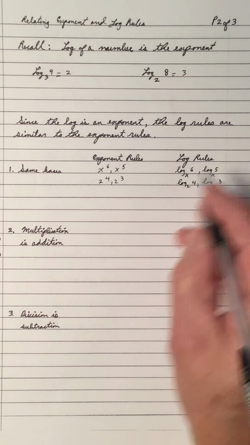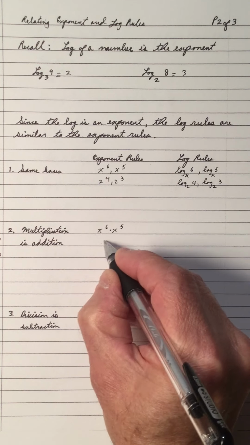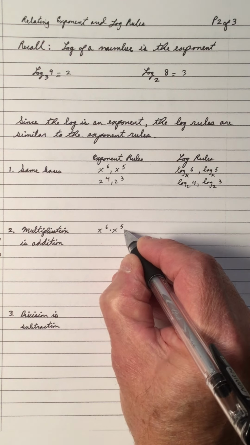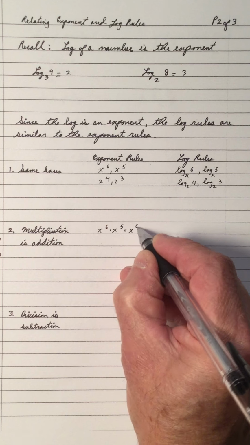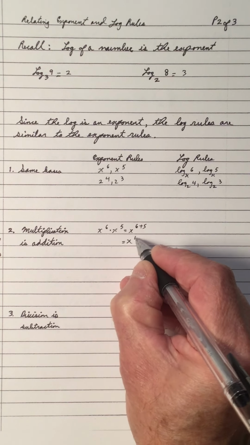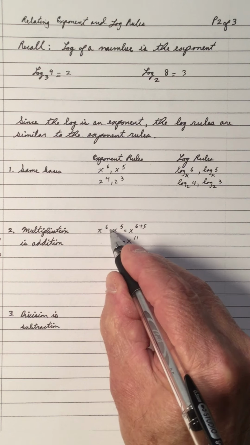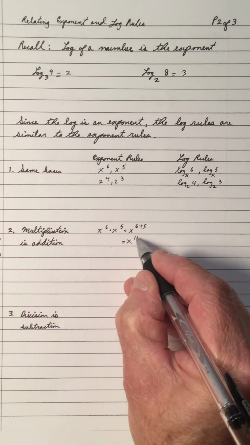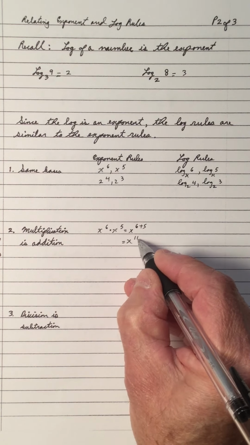So in multiplication, if we have x to the 6th times x to the 5, that's x to the 6th plus 5, which is x to the 11th. So we're multiplying, we have the same bases, we add the exponents to get to 11.